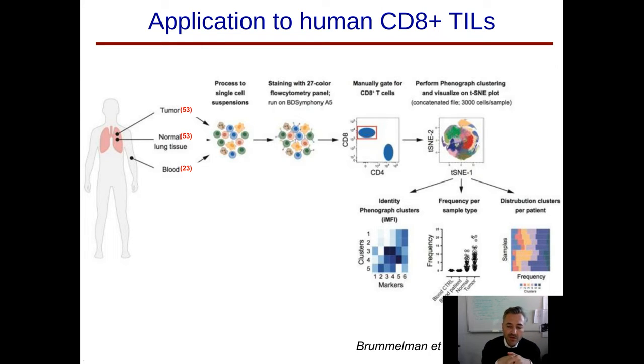These clustering algorithms were able to give us a number of different clusters that we'll see in a second. And these clusters basically have a certain phenotype that you can determine, and then you can use your favorite data display method. I'm going to show you 2 or 3 of them just to have an idea of how we show the data. So if we can go to the next slide.